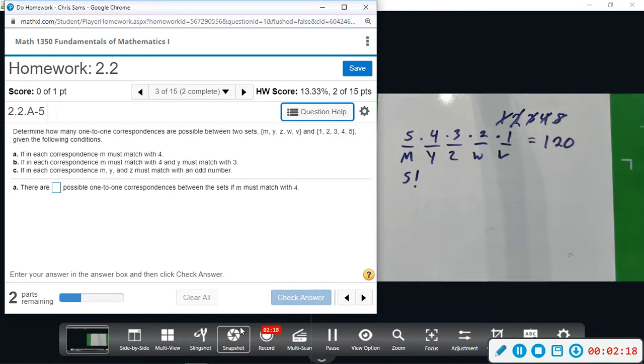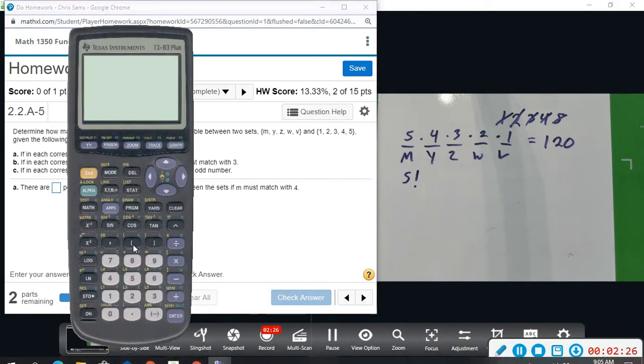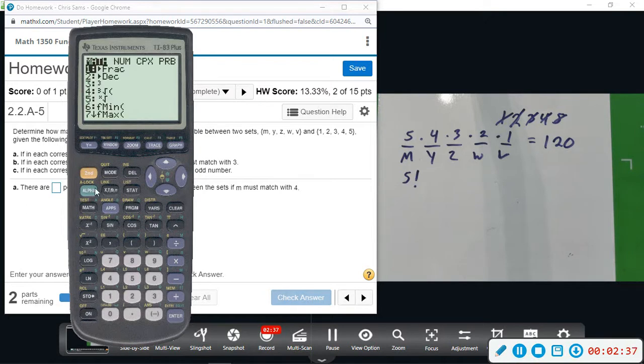If you have one of these graphing calculators, I can show you how you can input 5 factorial into that. If you even have a scientific calculator, it should have it. But I'm going to turn this on, type the number 5 in, and go to math, then arrow over to probability, so you can arrow right 3 times, or arrow back once and you'll get there.